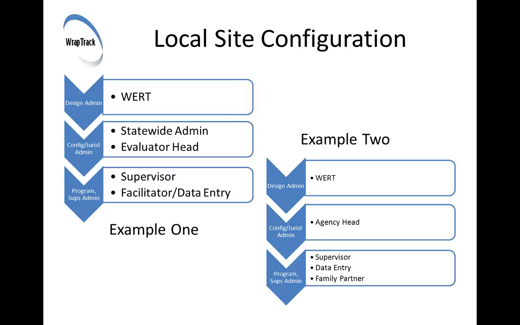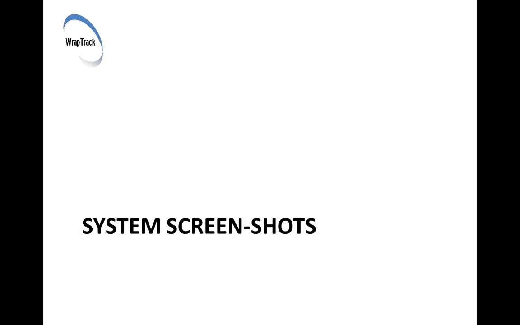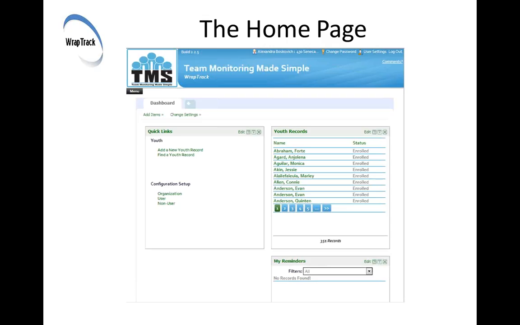Obviously, some of those other levels, the program or supervisory admins, can be folks who are doing the data entry, facilitators, supervisors, what have you. So it's really up to you, again, how you want to configure this. We could, again, leave it as is or make some adjustments if you'd like. All right, let's get into the screenshots.